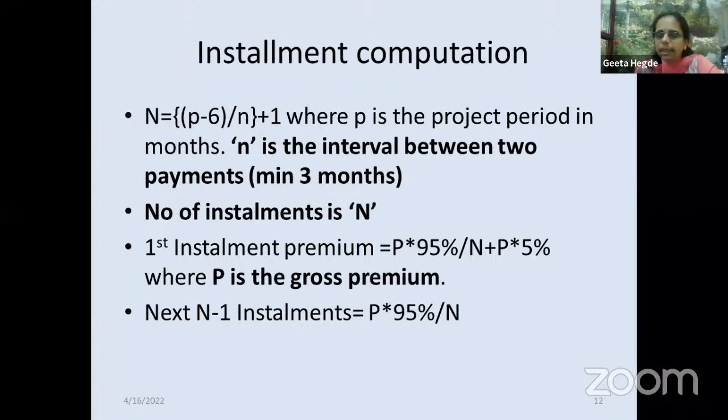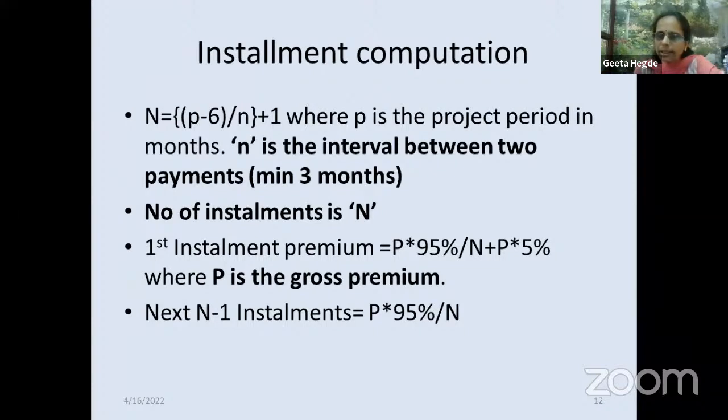Of course, as this is calculated through the system, we generally don't tend to calculate it, but it is calculated as you give the number of installments. The first installment is going to be higher by 5%. So this is the formula given.